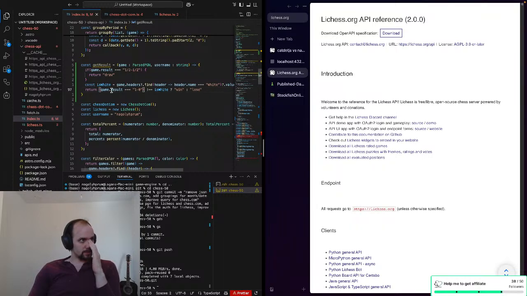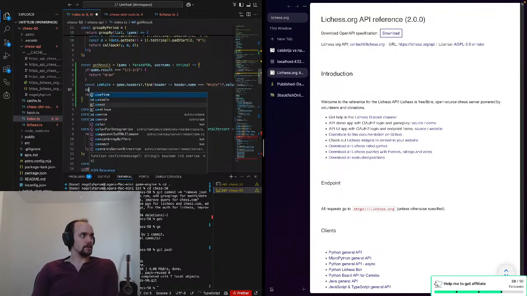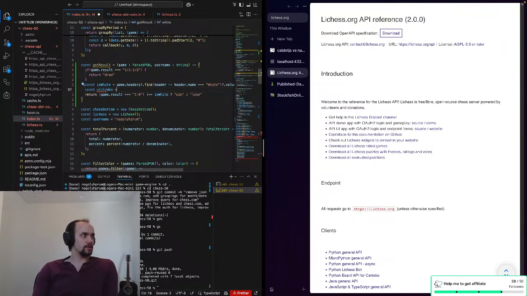Let's think about this. Okay, that's white one. Let's think about all the permutations, because this is a really confusing way to have written the code.